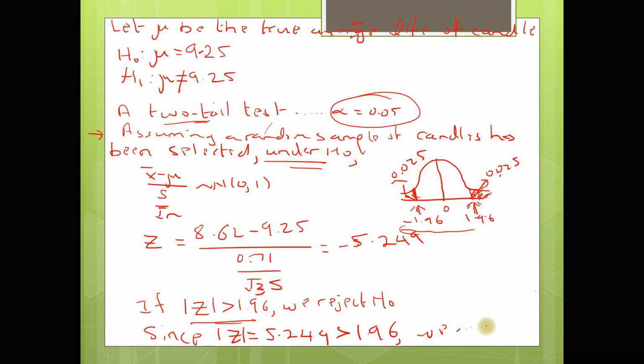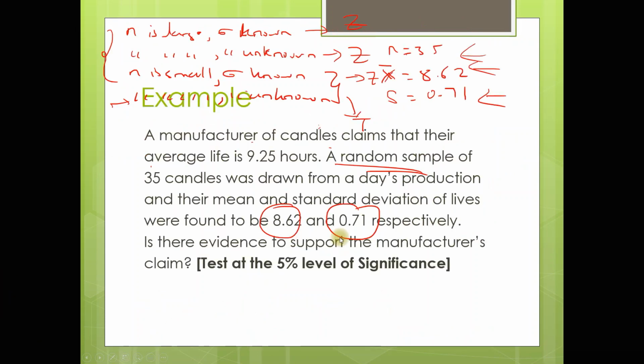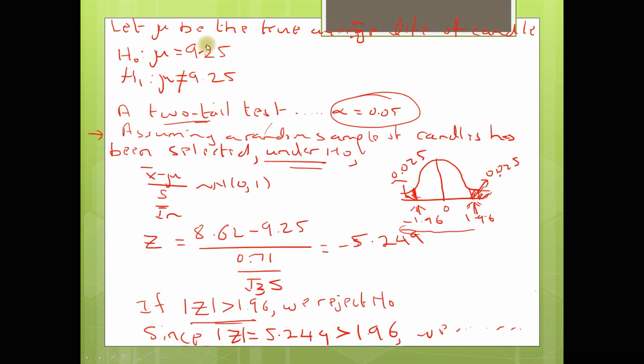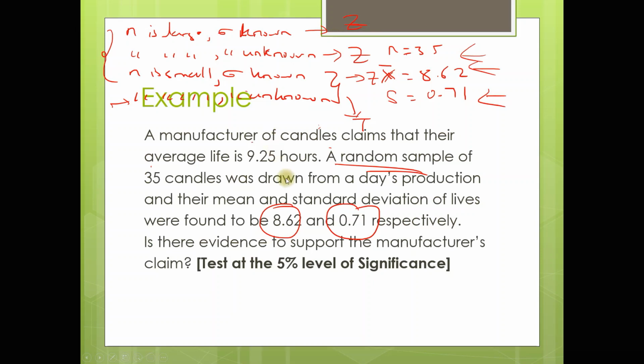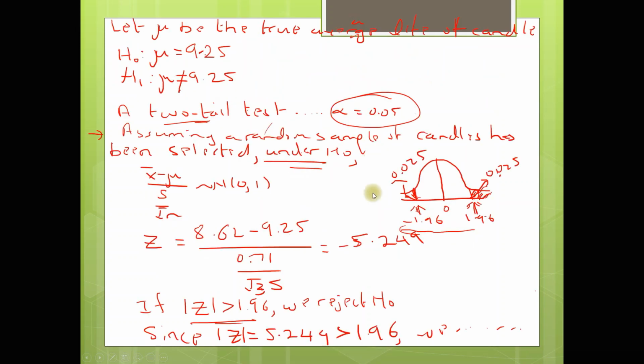This is the technical conclusion. So we reject the null hypothesis at the 5% level of significance. And what was the claim? If you have rejected this, the claim was that it is 9.25. But what did you do?